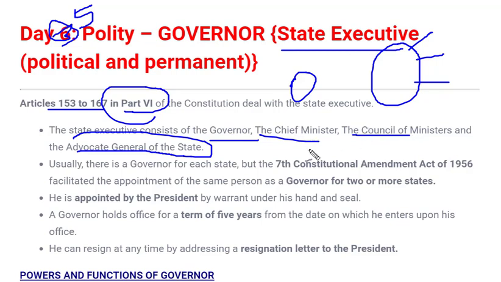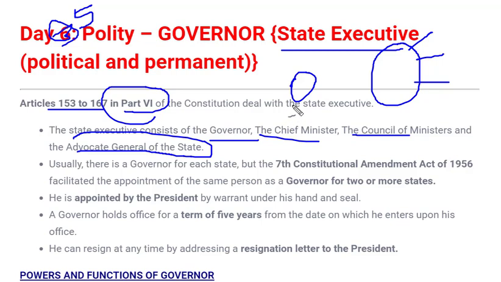As we saw yesterday, in state executive and union executive there are many similarities. There are only a few differences between both kinds of government. We'll see those differences along with the similarities in the powers and the positions held in state executive and union executive.